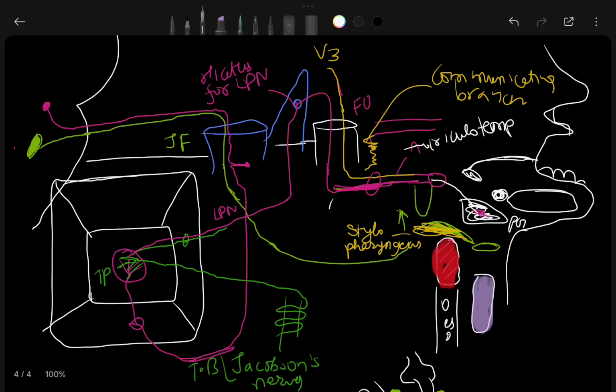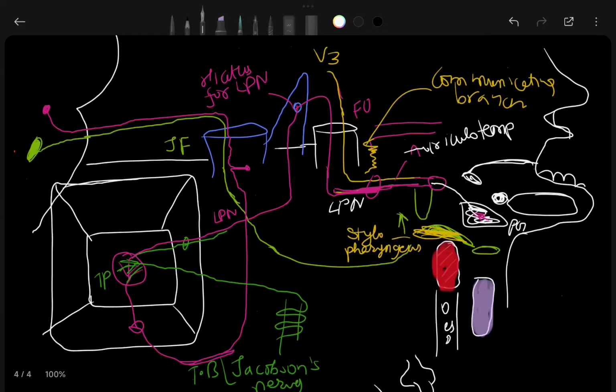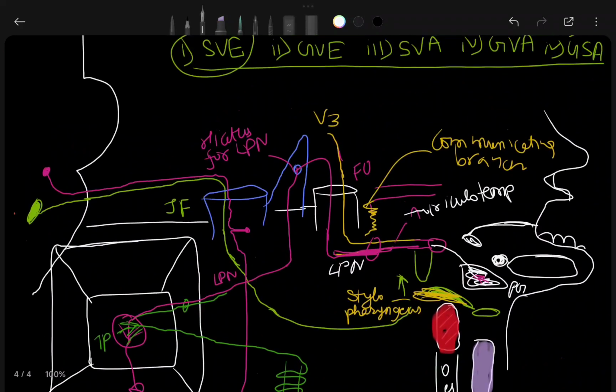Okay, this lesser petrosal nerve communicates with the greater petrosal nerve through a communicating branch, and this is all about the general visceral efferent fibers of the glossopharyngeal nerve.